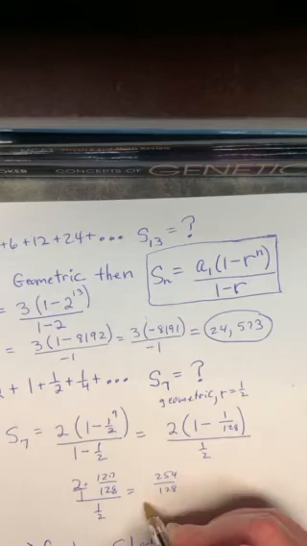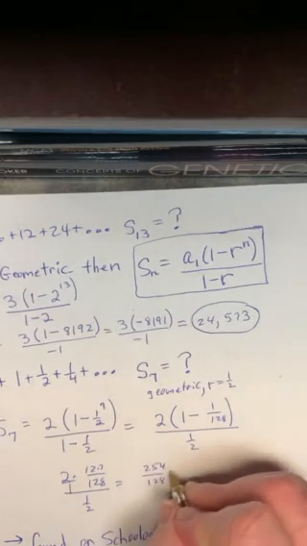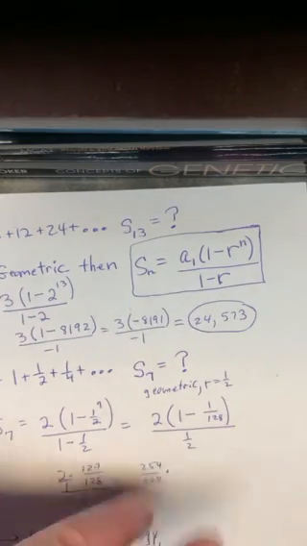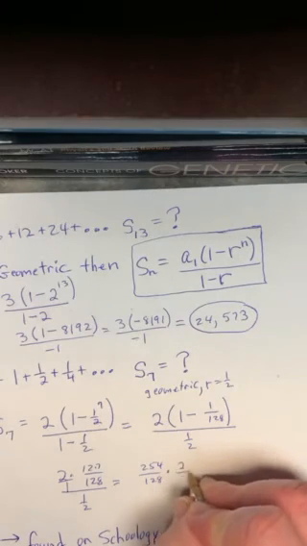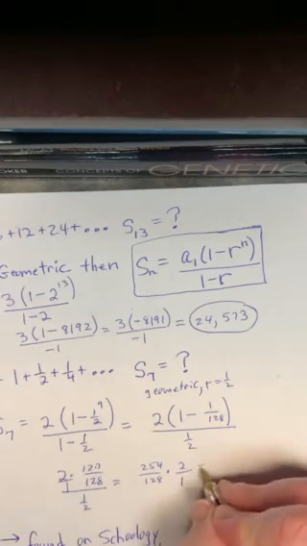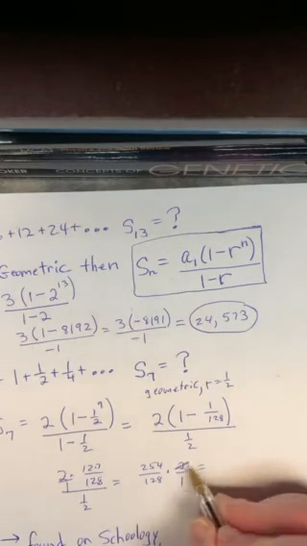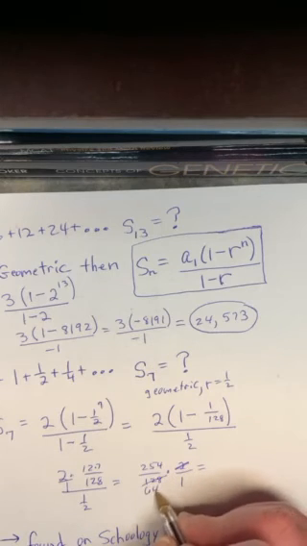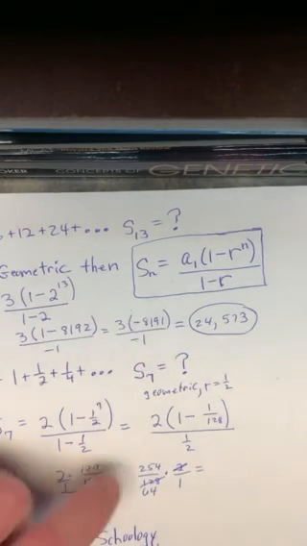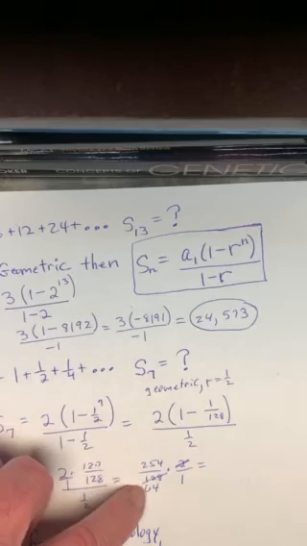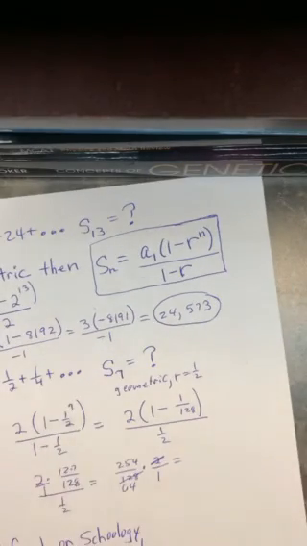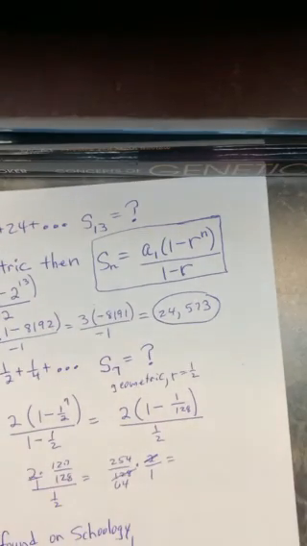So anytime you're dividing by a fraction, remember we put times, flip it over, and get 2 over 1. So in essence, this 2 cross cancels and the 128 becomes a 64. Now if that's 254 over 64, that reduces into, okay, divide them both by 2.